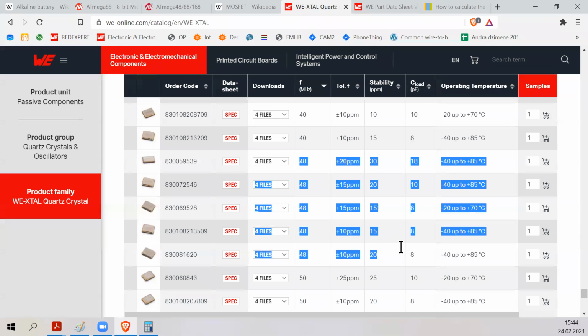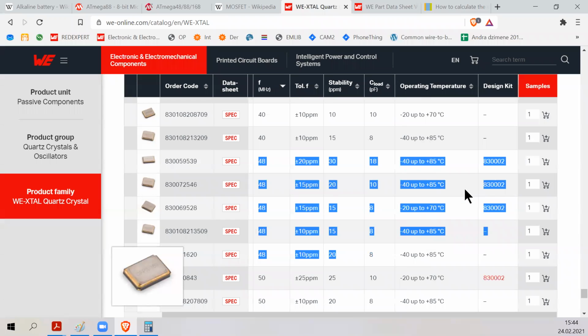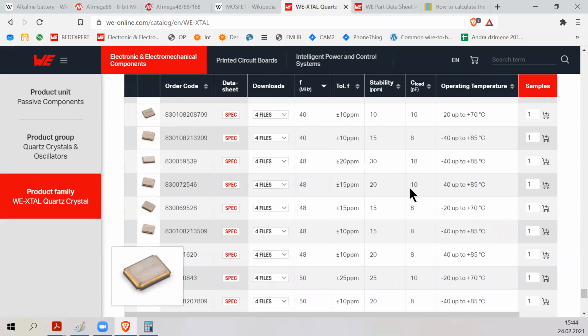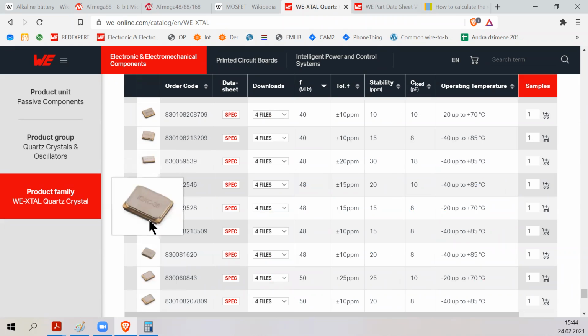And also, you can see that they have different sizes. They're just not visible here, but yeah, different sizes. And different load capacitance, so 18, 10, 8, and so on. And let's say we want to pick this one with 10 picofarad.